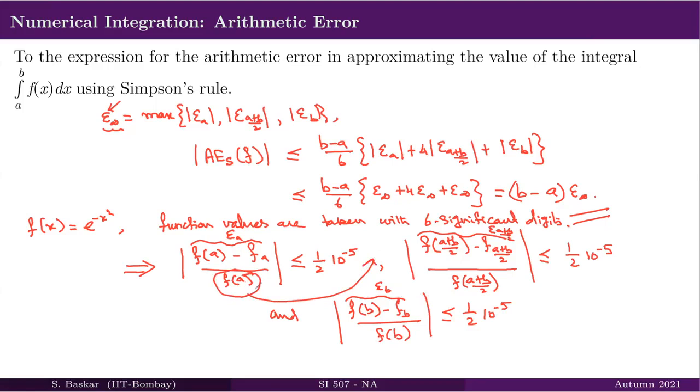And you know what f of a is because you know what f is. Suppose it is given to you and a and b are also given to you, then you can find explicitly the number which is the upper bound for your epsilon, and those 3 numbers you put into this expression and take the maximum among them. That will be a kind of bound for your epsilon infinity, and thereby you can get the upper bound for your arithmetic error also.